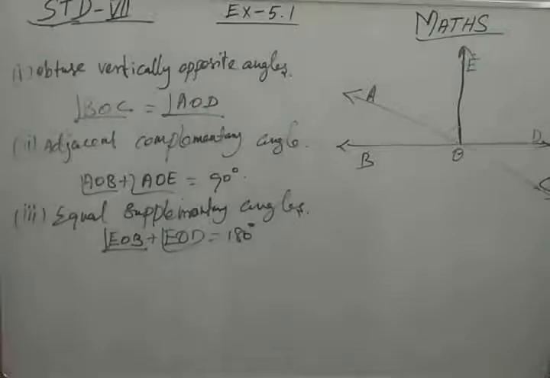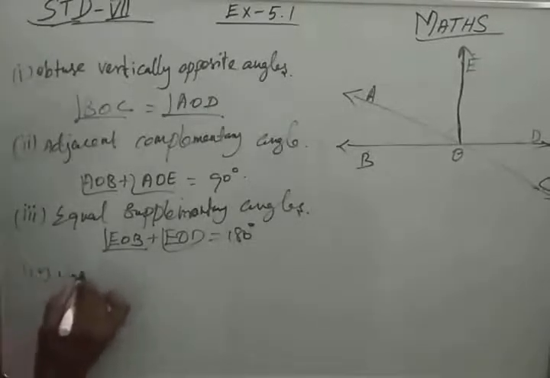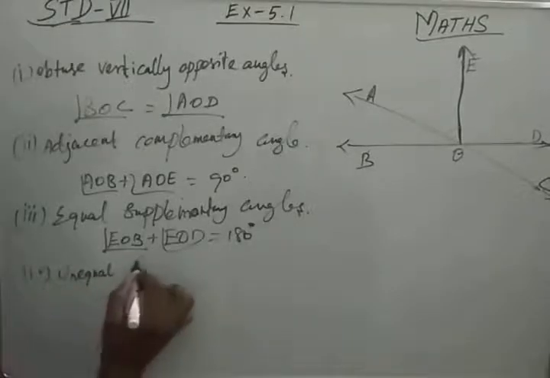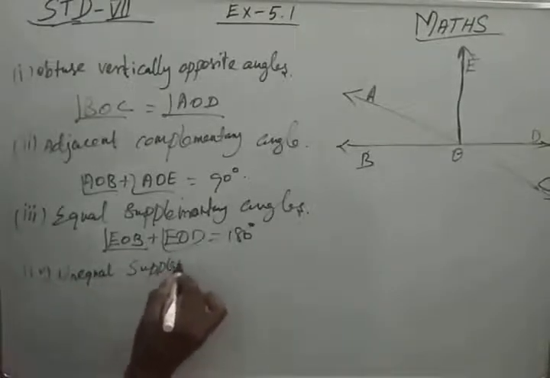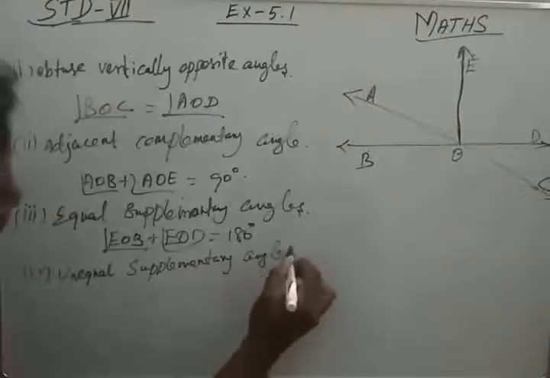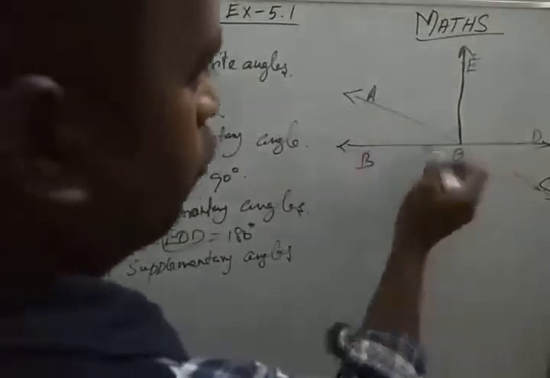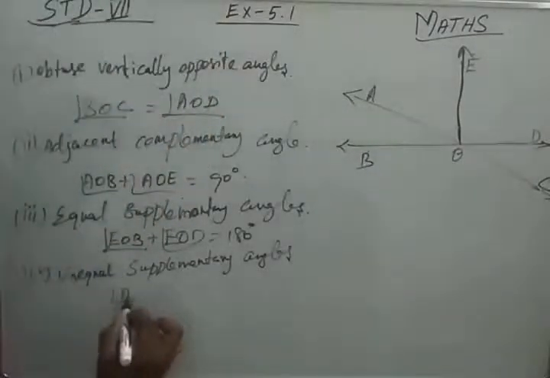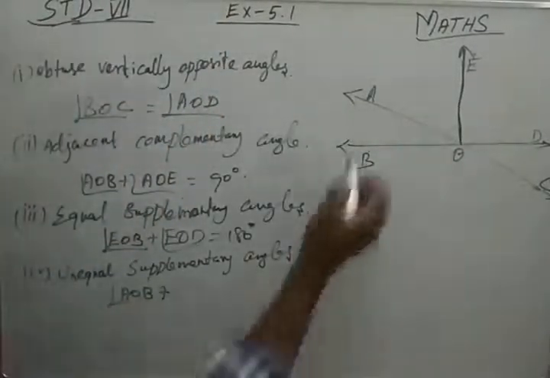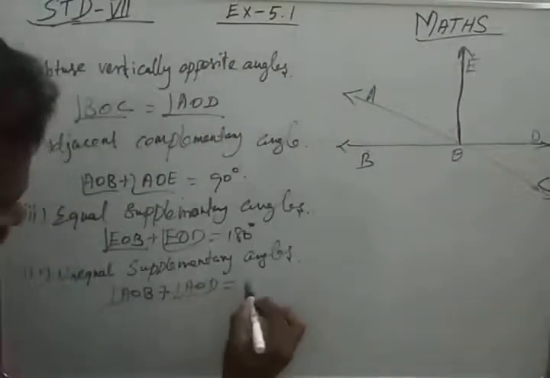Next one, the fourth one is unequal supplementary angles. Unequal supplementary angles, what can we say? Angle AOB plus angle AOD is equal to 180 degrees.